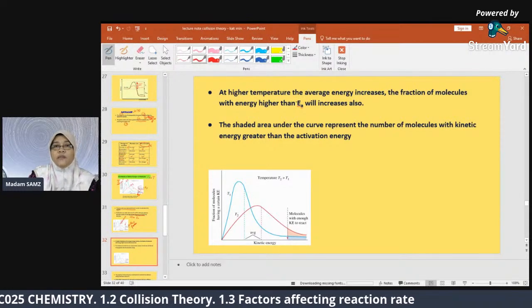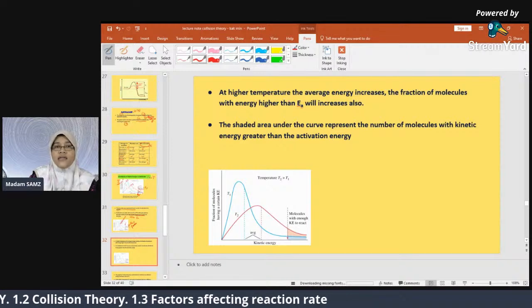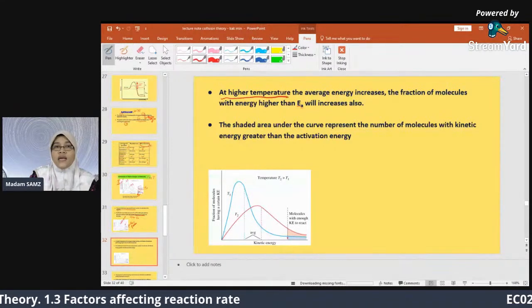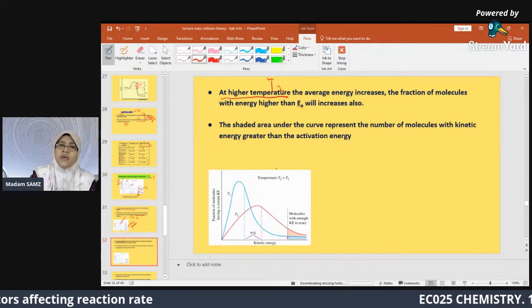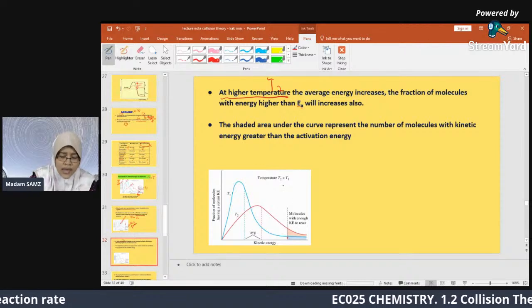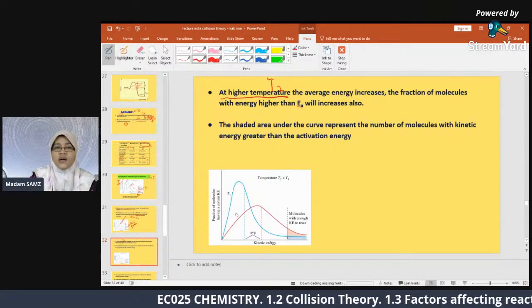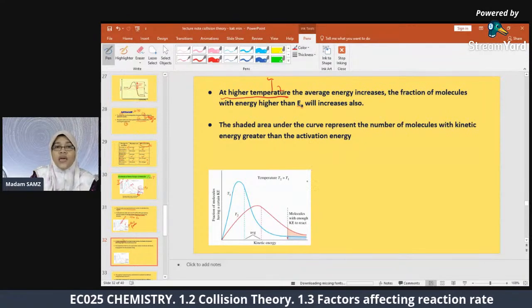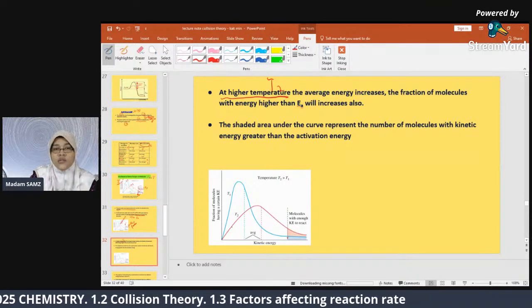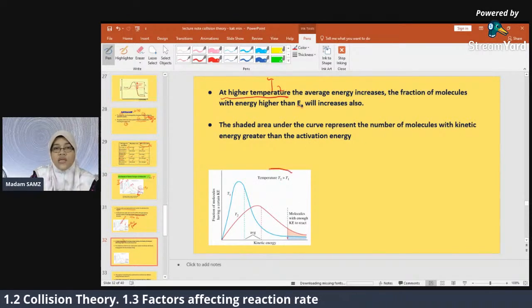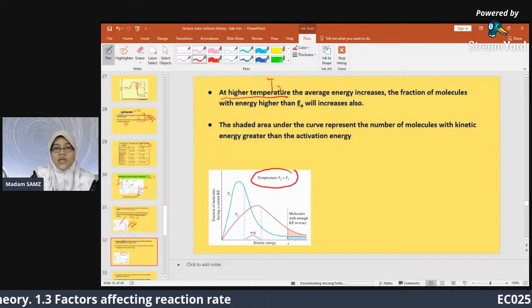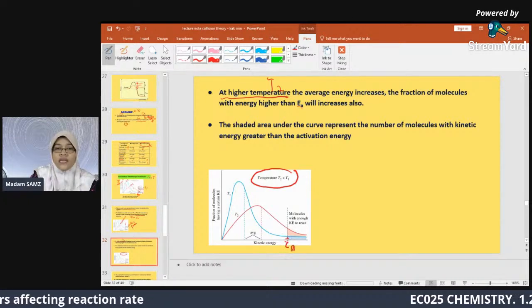At higher temperature, we are talking about T2. Remember, you always have to know how to draw this graph. Okay, how to lukis dua graf ni. You kena mention T2 kena besar pada T1. You kena mention di sini, you kena tulis EA.